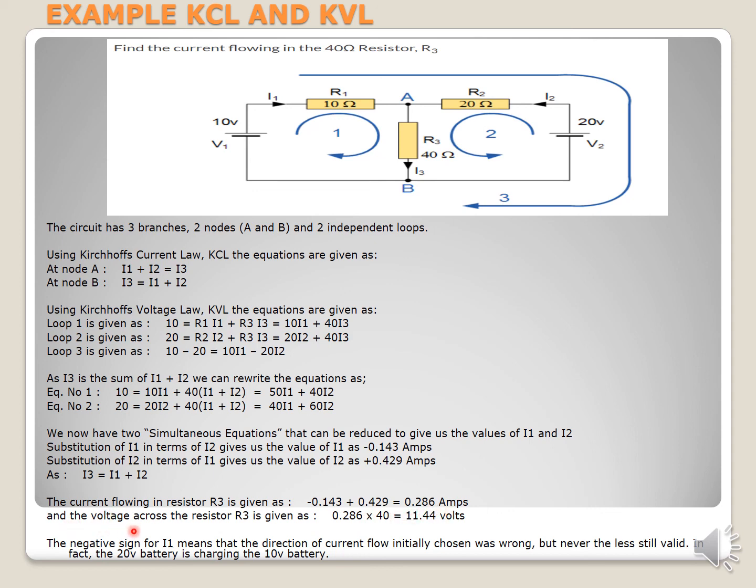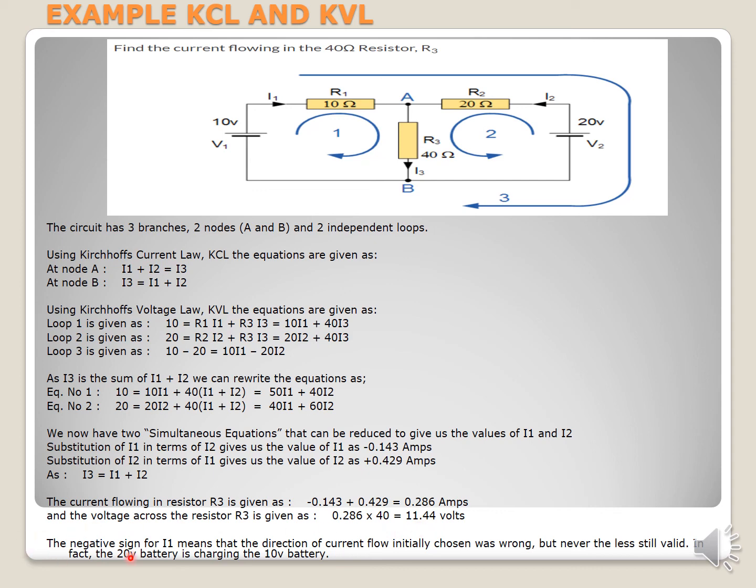And the voltage across the resistor R3 is given as 0.289 times 40, and we get 11.44 volts. So the voltage across R3 is 11.44 volts.